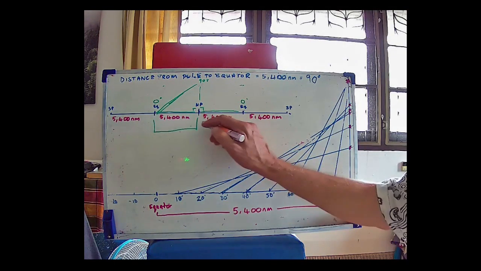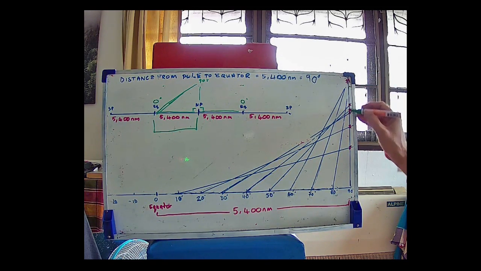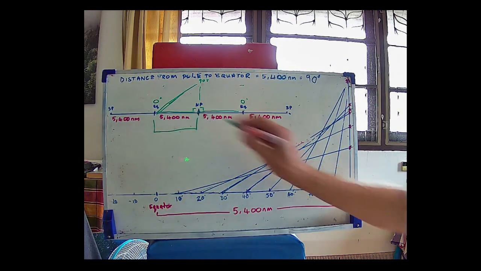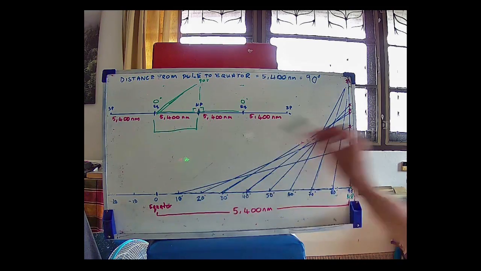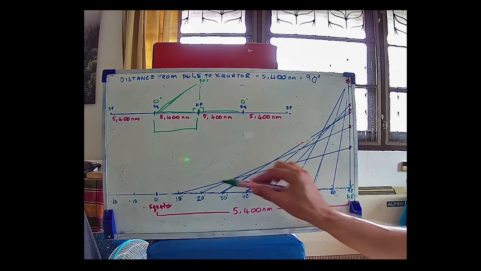It's a level surface, and so here we have Polaris at 90 degrees. We are here at the North Pole. And then these degrees that we see Polaris at, depending on the distance from Polaris, are the actual latitudes on the Earth.